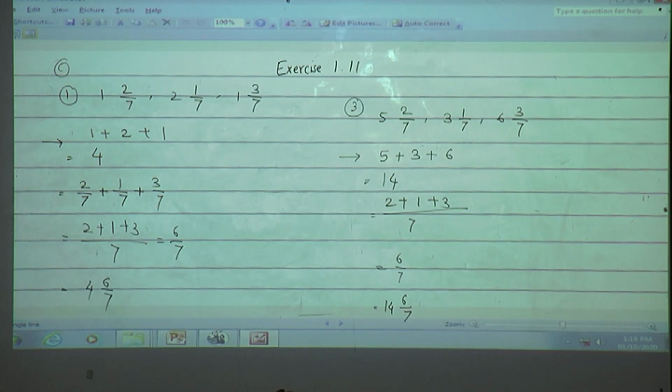One more last example I'll solve from C question. When the denominators are not same, then what you have to do?